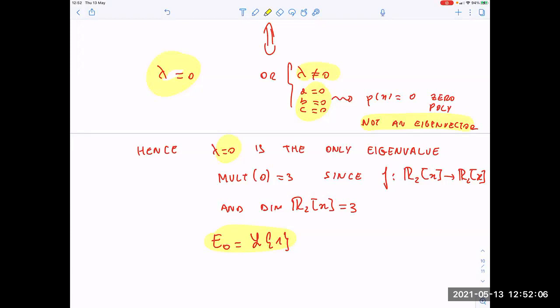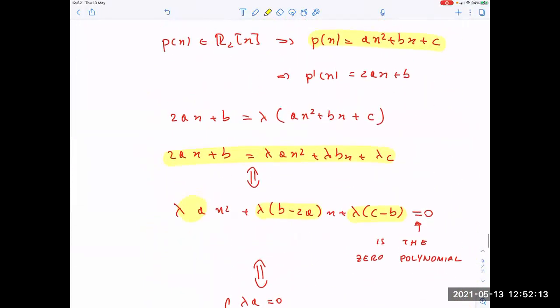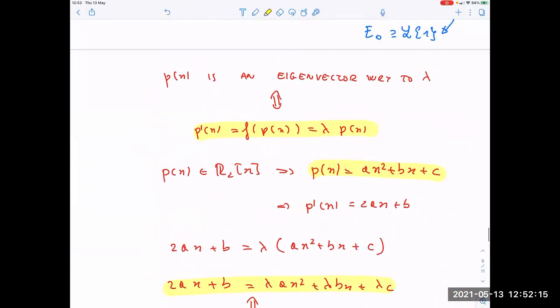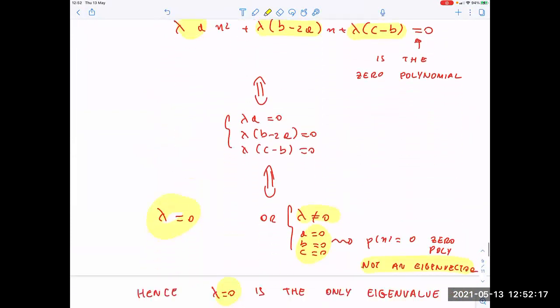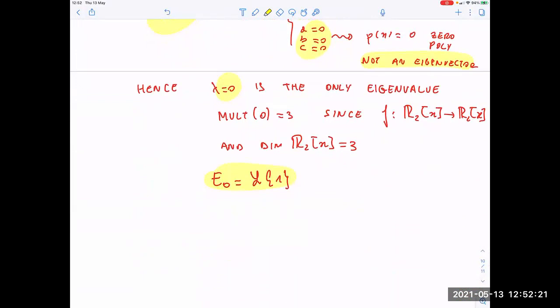Okay, so you see, we have one way of solving this, which is by using the definition and thinking more. And we get exactly what the polynomials which are eigenvectors are, and the possible values of lambda to be eigenvalues.